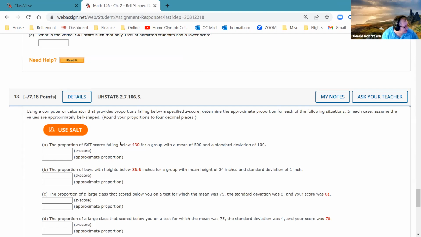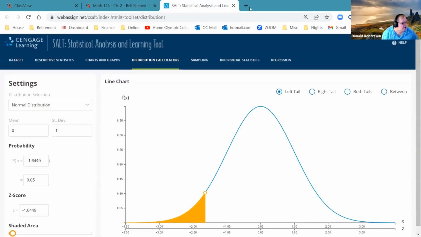Okay, so I want to be below 430 using this mean here, 500, and this standard deviation of 100. So I'm going to have to hit this guy again. Okay, and it's going to change to 500. This is going to change to 100. It's less than, and this time it's going to be 430.